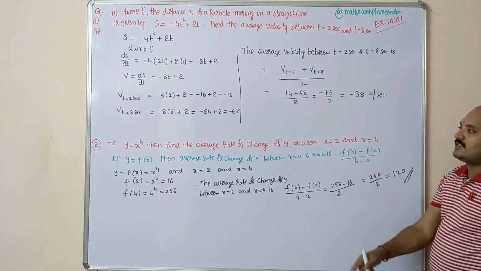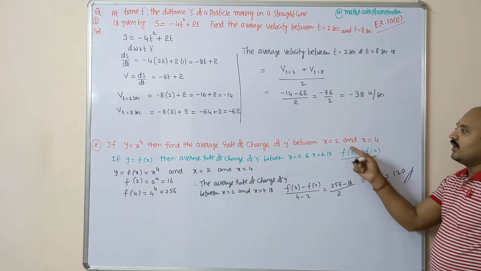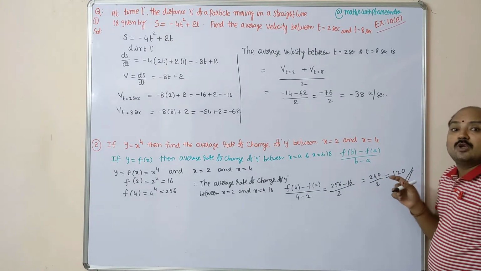Therefore, the average rate of change of y between x equal to 2 and x equal to 4 is 120.